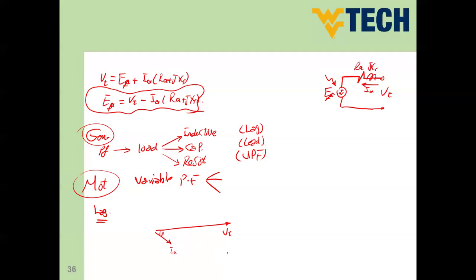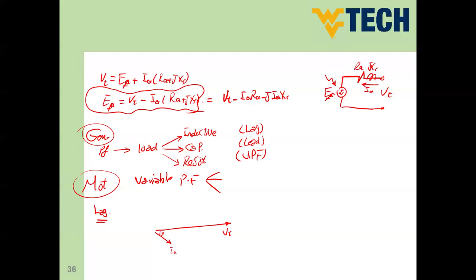Let's make the same rule and draw the phasor diagram in case of motoring. So I'd like to get EF. So the relation is VT minus IA times the impedance. We can make it now like that: VT minus IA RA minus JIA times XS.